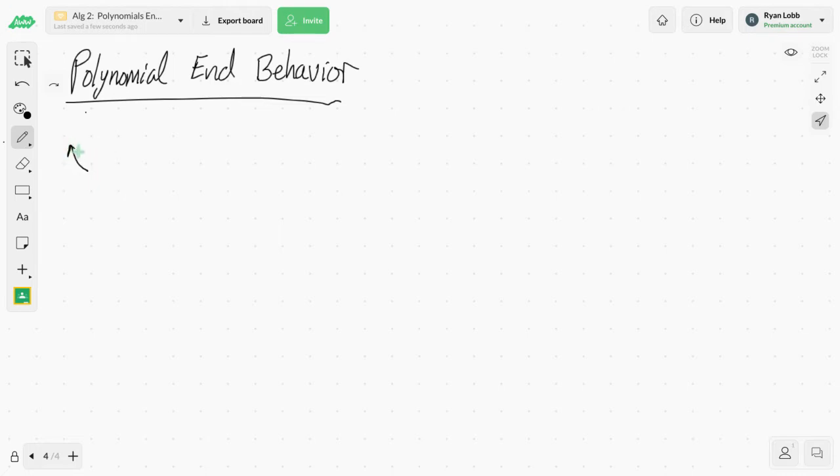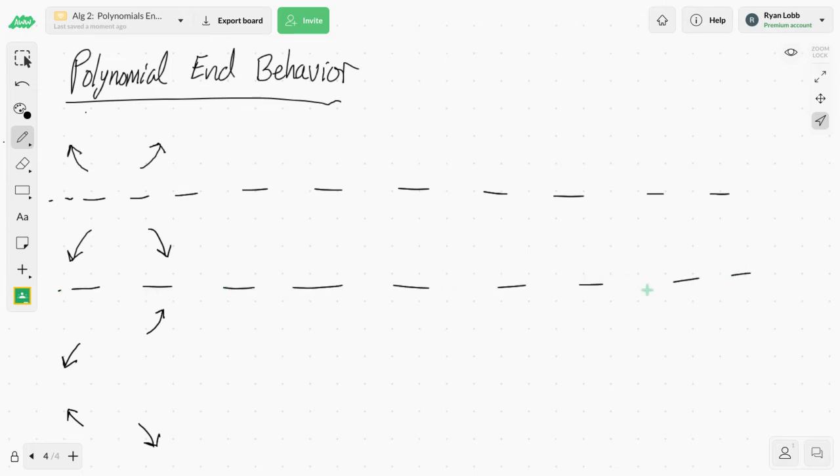Either both ends turn up, both ends turn down, or one side goes up and the other side goes down, or the other side goes up and this side goes down. So that's what the ends of the graph could do. We have four scenarios.